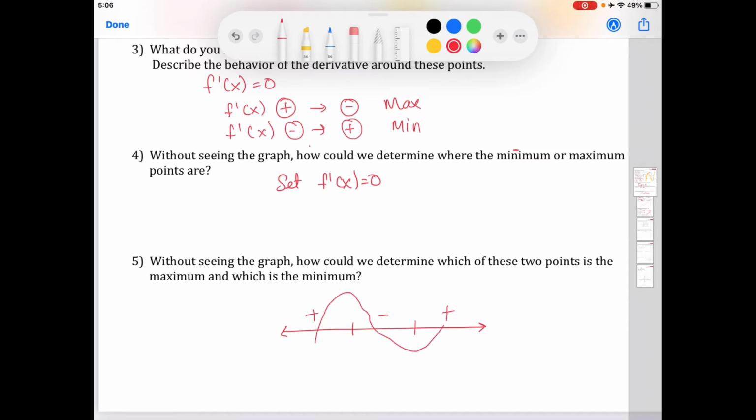When it's changing from negative to positive, you'll have a min. So this is how you could have determined it without even sketching the graph, and we'll explore these topics more, but I just want to give you an idea of how, using your first derivative and your number line, you can determine your maxes and mins.